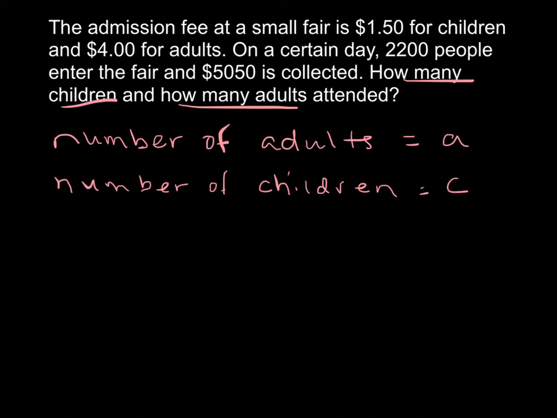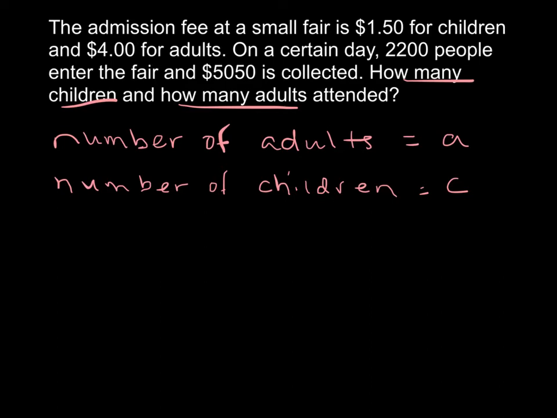Then we want to go ahead and categorize. We want to look through the problem and categorize what different issues or what different topics are being talked about in the problem. So if we read through the problem, in the second sentence it says, on a certain day, 2,200 people enter the fair and $5,050 is collected.